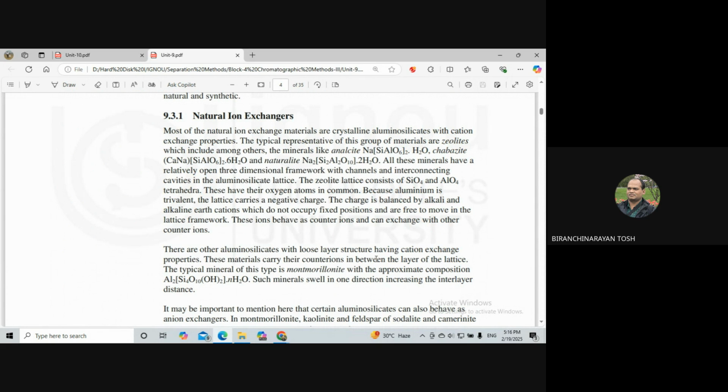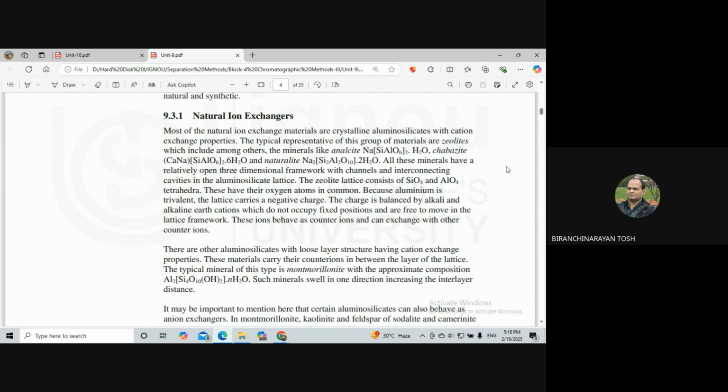In natural ion exchangers, they must be crystalline, and they include the crystalline aluminosilicates with cation exchange properties. The typical representatives of this group of materials are zeolites, and minerals like analcite, which contains silicon, aluminum along with sodium, chabazite, and natrolite.